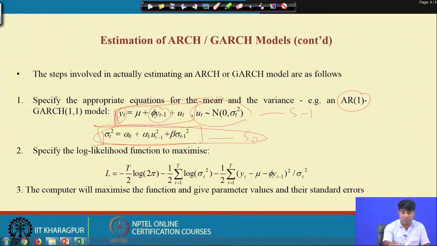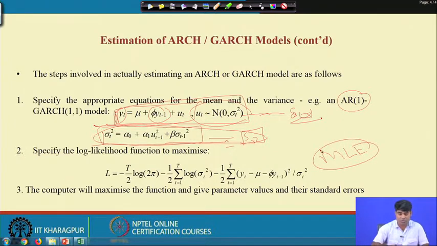In the first hand this is the mean model, and that can be followed with OLS, and this is the nonlinear model. So, we cannot directly go through OLS, rather we use a technique called maximum likelihood estimation, technically called MLE.